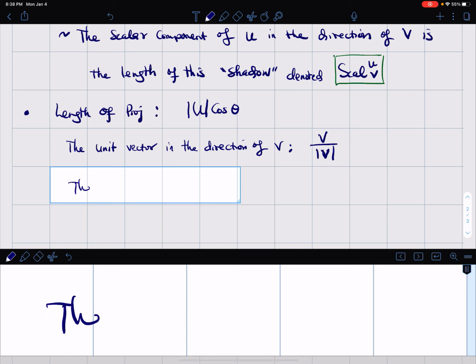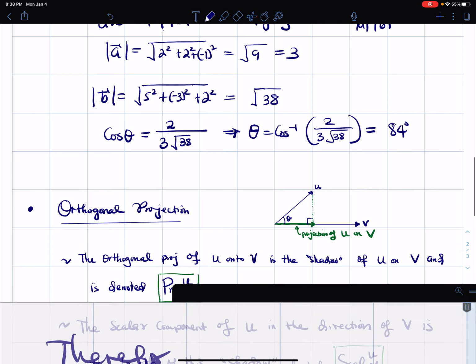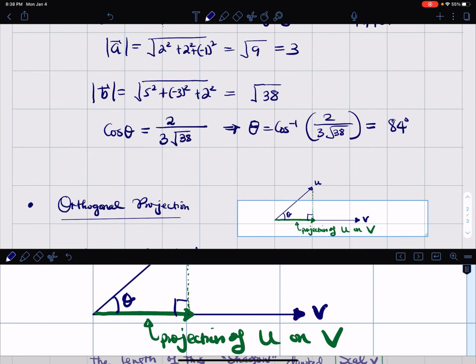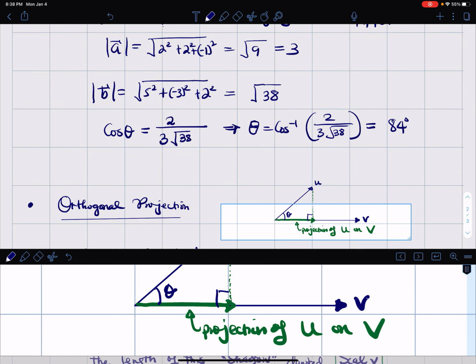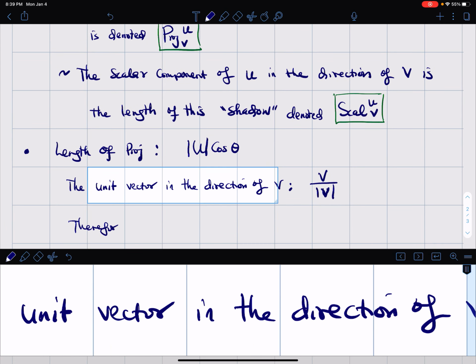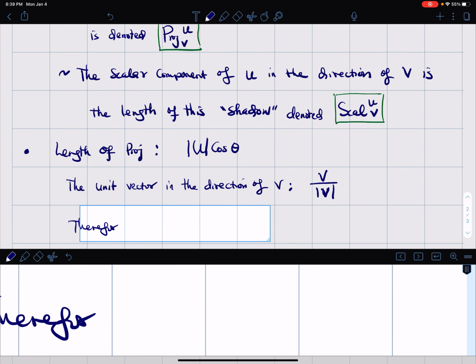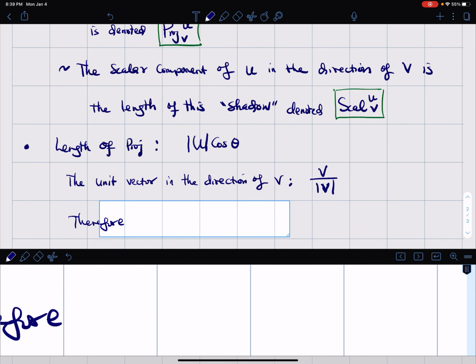Therefore, the orthogonal projection, which is a vector, remember, any vector in the direction of v, parallel to v, is just a scalar multiple of the unit vector in the direction of v, all right? So what we can now say is that the length is the magnitude of u cosine of theta.